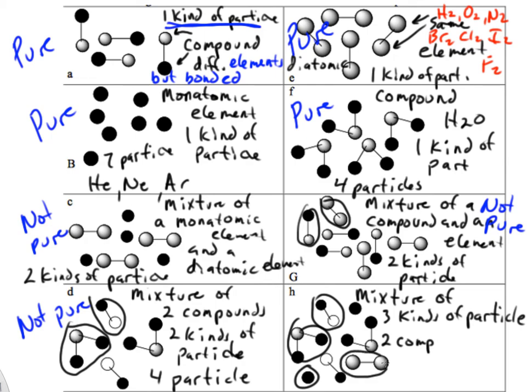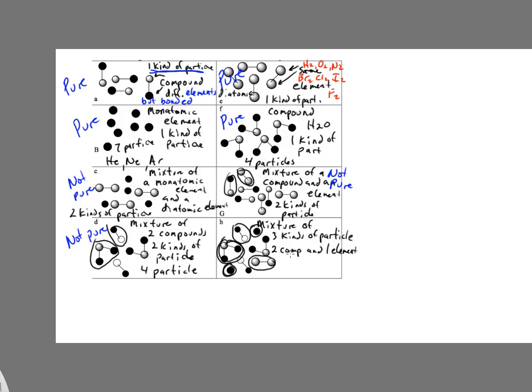So here's a compound, and as I said, there's a compound, and one, this guy right here by himself, and here, one element. So we've got 3 kinds of particle. We have 1, 2, 3, 4, 5, 6, 7 particles. And this one is also not pure.